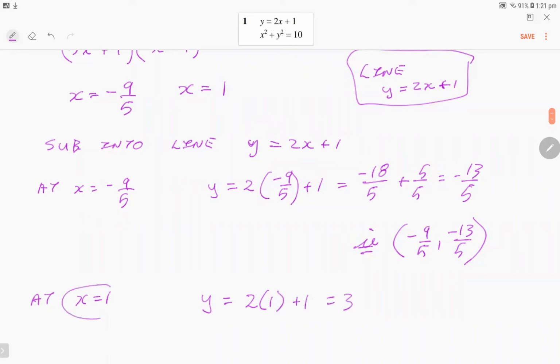So the x value is 1 and the y value is 3 at the other point of intersection. That is the point 1, 3. All right, that's that. Everybody good? Let's do a couple more.